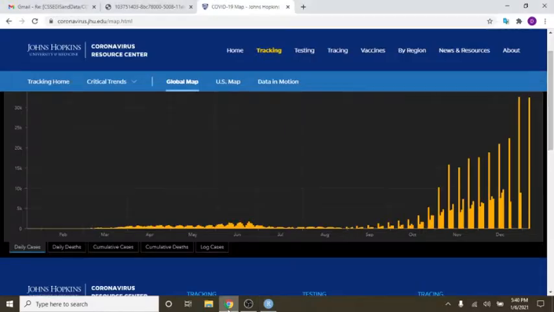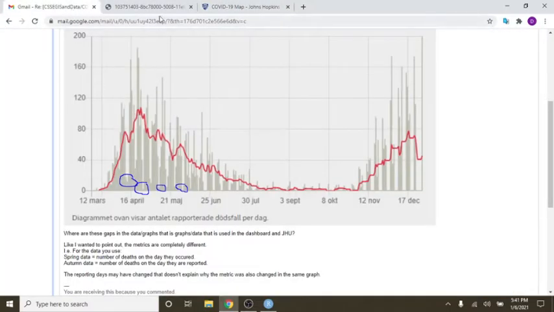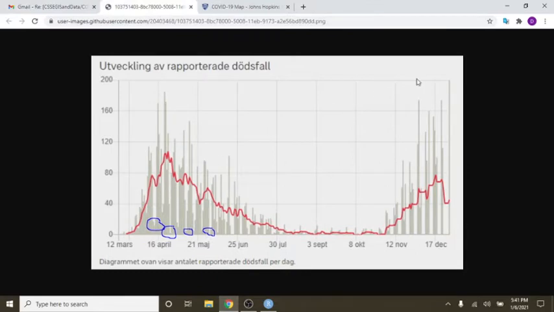While we're waiting, let's come back over here. Let's take a look at Johns Hopkins University again. Now, I believe this plot here must be deaths.